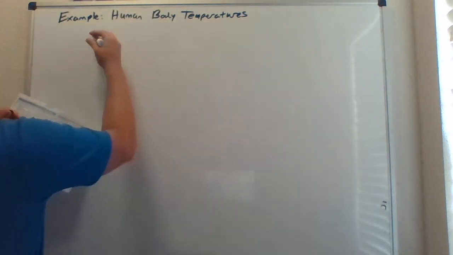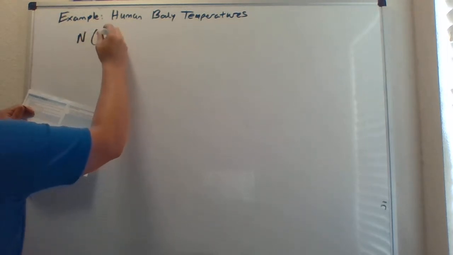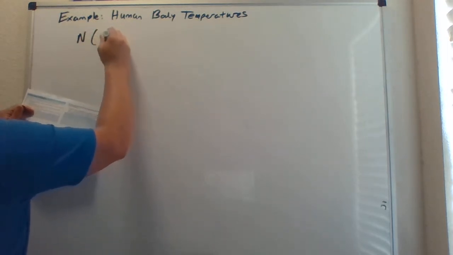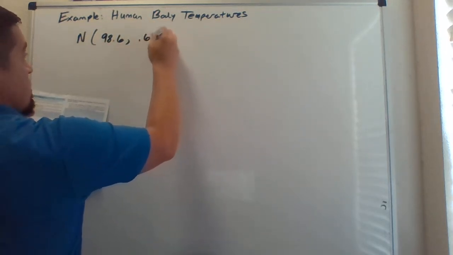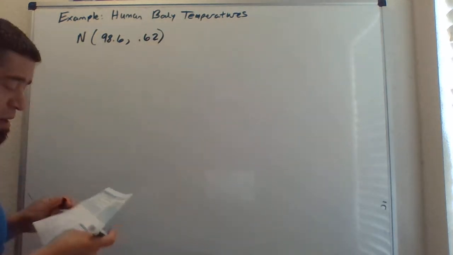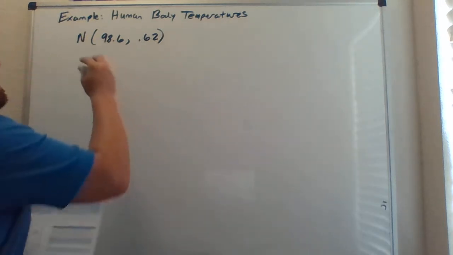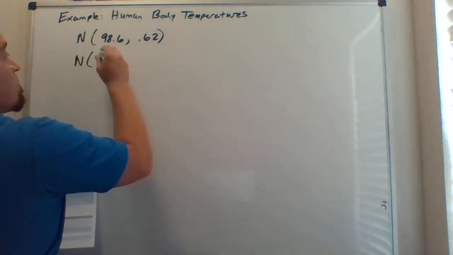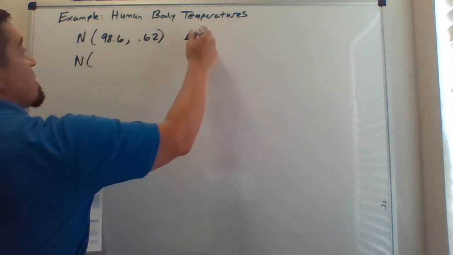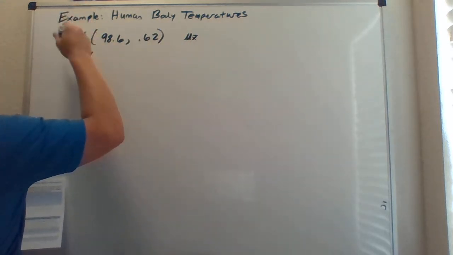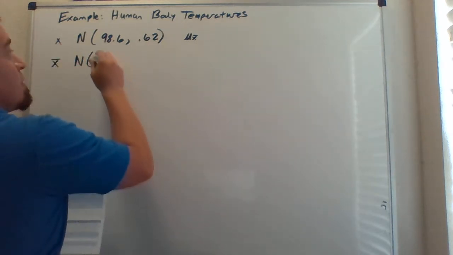Okay, so here we've got to look at two things. The distribution of the population is given to us. The population is 98.6 degrees Fahrenheit on average, and the standard deviation is 0.62 according to this problem, so it's normally distributed. But the question is asking for a distribution of the sample means, which we know from before that the mean, so this is a distribution of our population of X. What about the distribution of X bars?